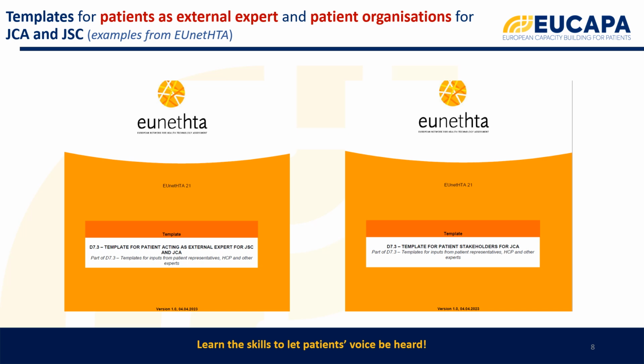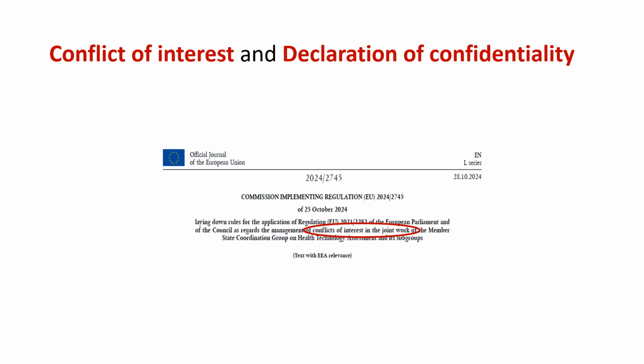These are examples of such templates. Similar templates will be provided for this work at European level according to the new HTA regulation, and such templates for patient and other experts are under development.